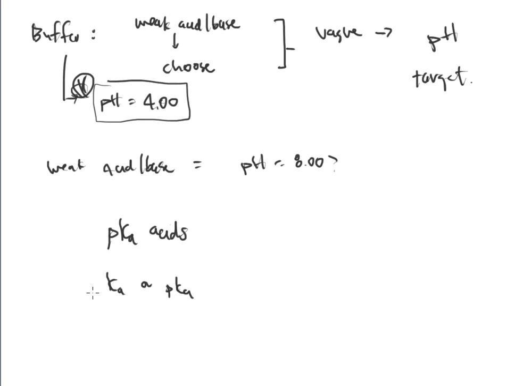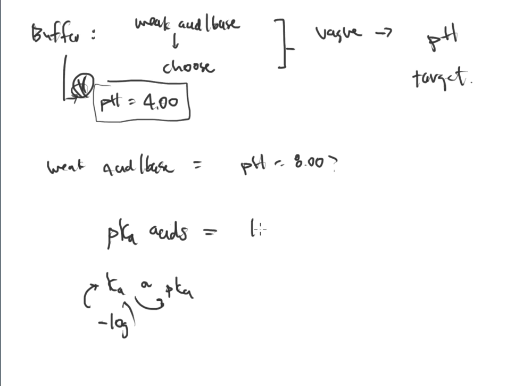Now remember, if your table gives you a Ka value, what you need to do is take the negative log of that number, and that will give me the pKa. That's the number that we need to focus on, the pKa number, not the Ka number. So I need to look for the pKa of acids.